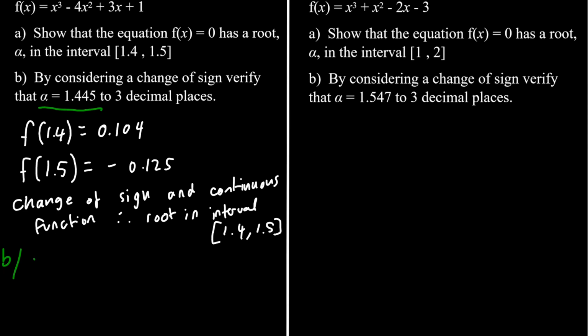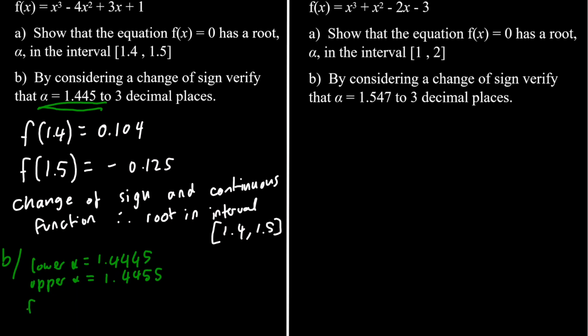So the lower bound for alpha is 1.4445. And the upper bound for alpha is 1.4455. So that's the upper and lower bound for alpha. We just need to substitute them in, and we should get a change of sign.